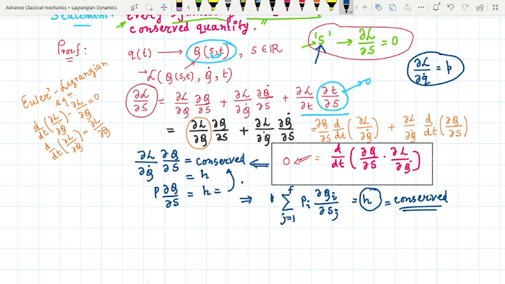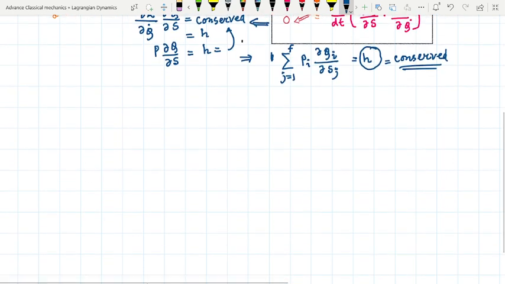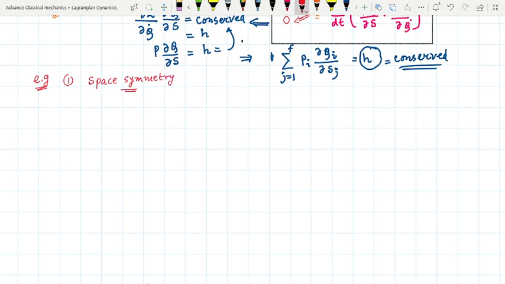As well as if we consider the rotation symmetry of the system, then it results in conservation of angular momentum. So if we discuss some examples, the first one is space symmetry. So the Lagrangian is independent of the position, that is ∂L/∂r should be 0.